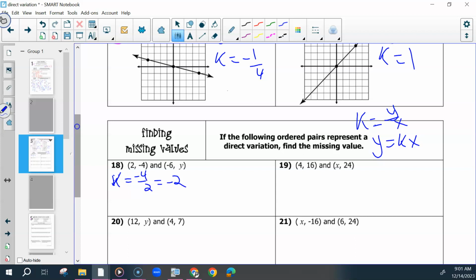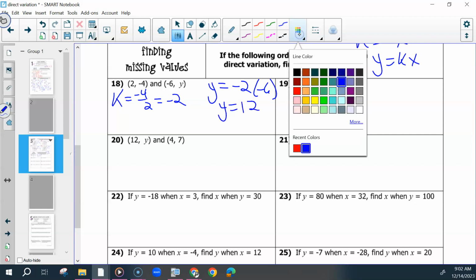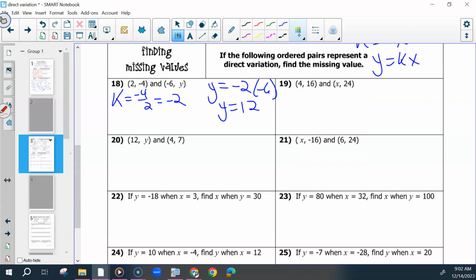So we don't have y, so that's going to stay y. Our k value is -2. Our x is -6. So then our y value would be 12. To double check that, how could I double check that actually? Yes. What else?